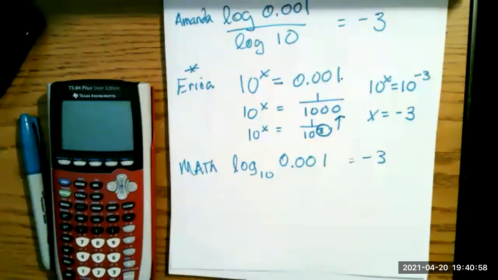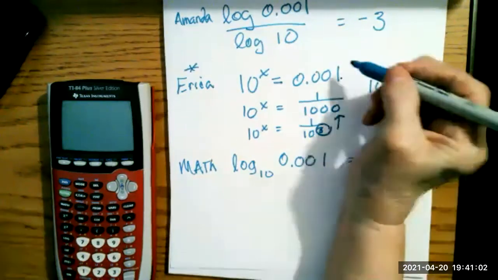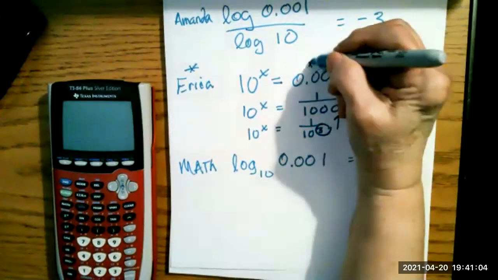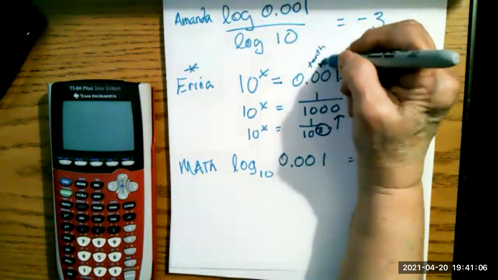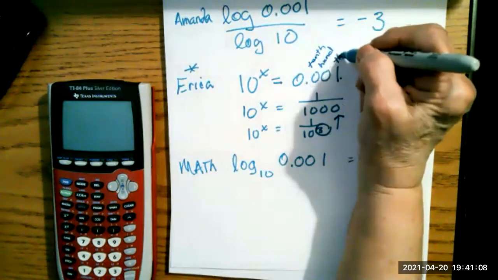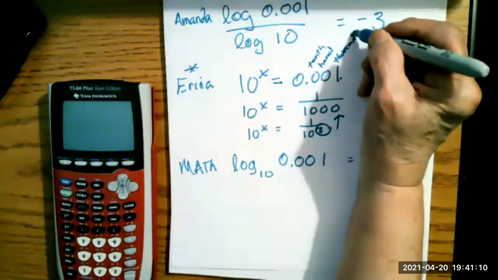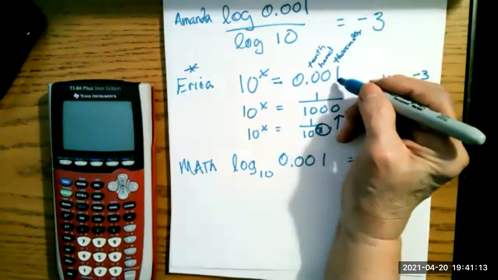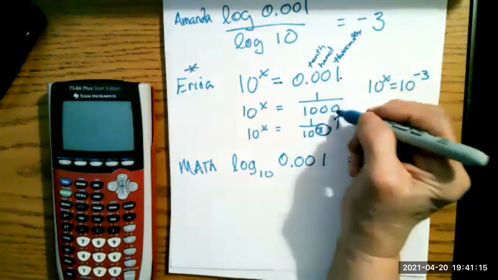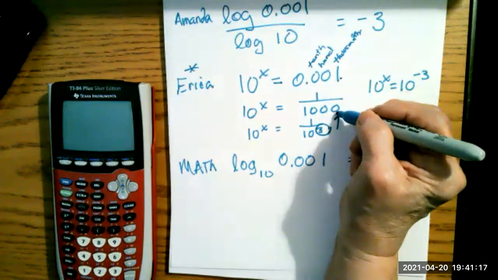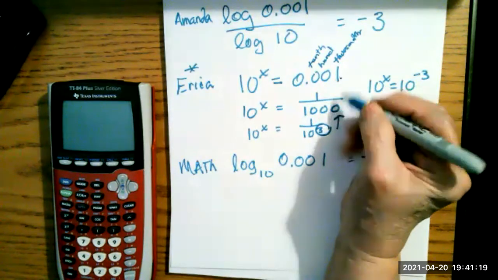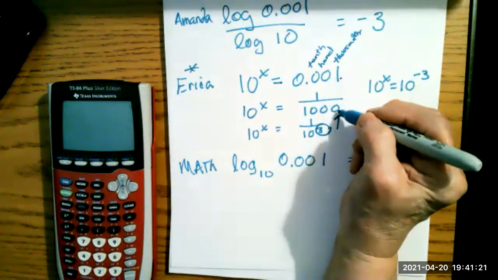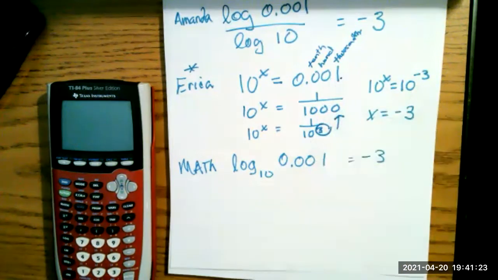How did you get 1/1000? This is tenths, hundredths, thousandths. So this would be 1/1000th, which looks like this. Changing it from a decimal to a fraction would be 1/1000. That's what that decimal means.